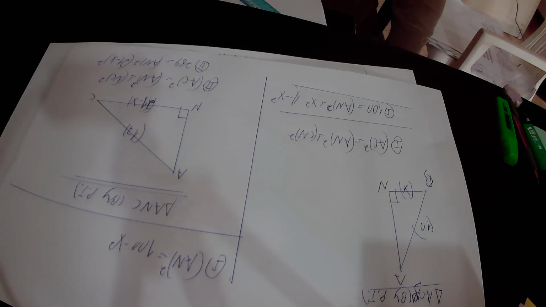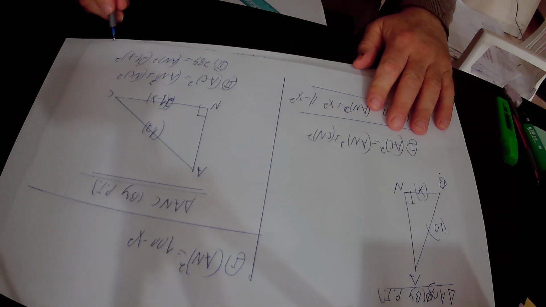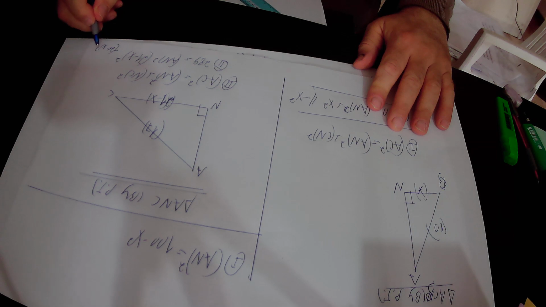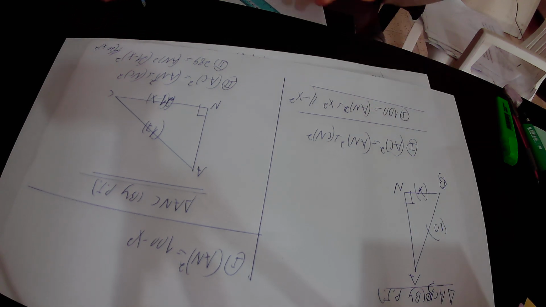So here we subtract (21 minus x) squared from this equation, equation 2, and you get that 289 minus (21 minus x) squared equals AN squared.